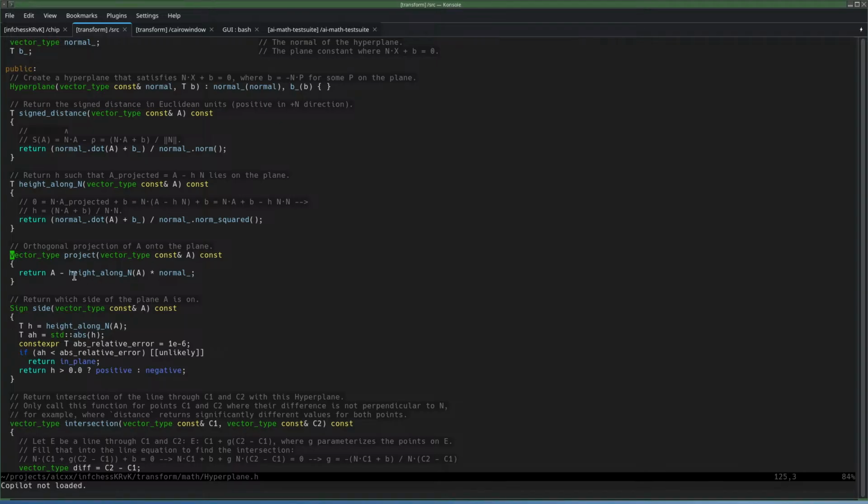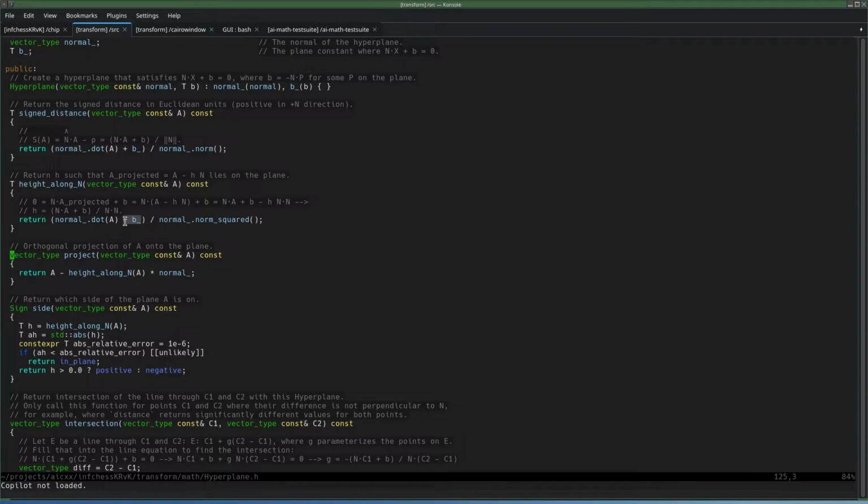So we subtract the length times a normal, with a height along the normal. Okay. What we have, b is 0, and our normal is 1, a unit normal. So this is normal dot a divided by 1.